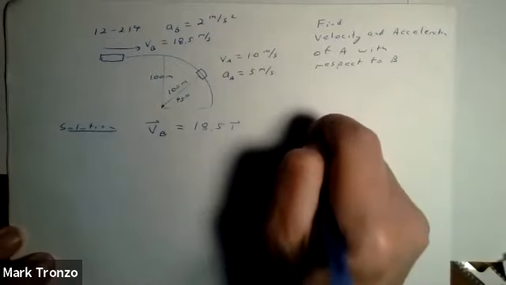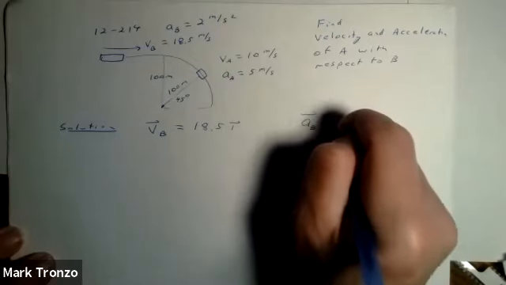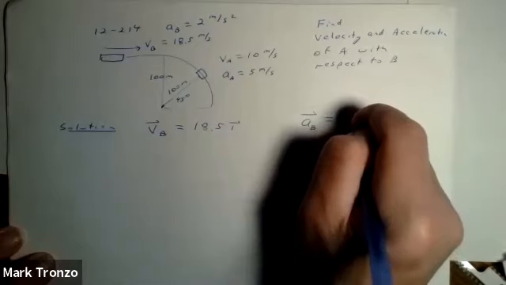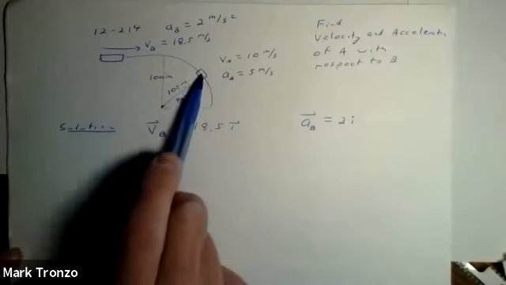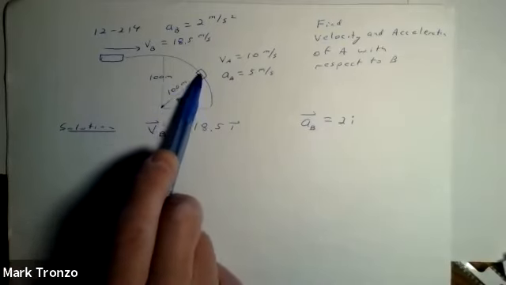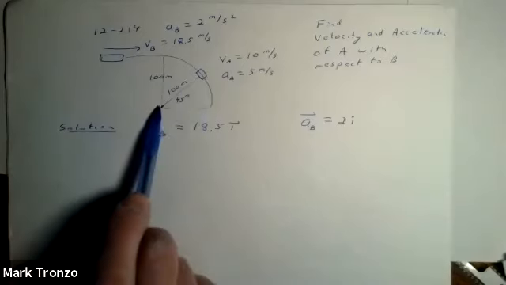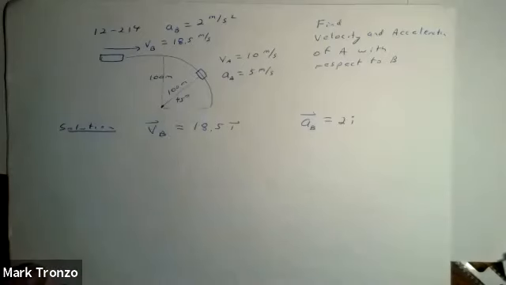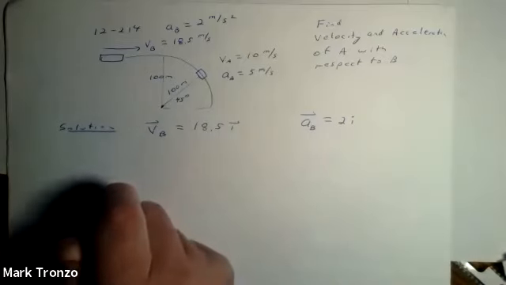And the acceleration of B, again, this is just at that instant, is going to be 2 I. And now here the thing with A is we have this tangential acceleration, but since it's going around the curve, we also have that normal acceleration we had before. It's going to have a normal acceleration inward. So here's where we have to use that vector stuff that we practiced previously.